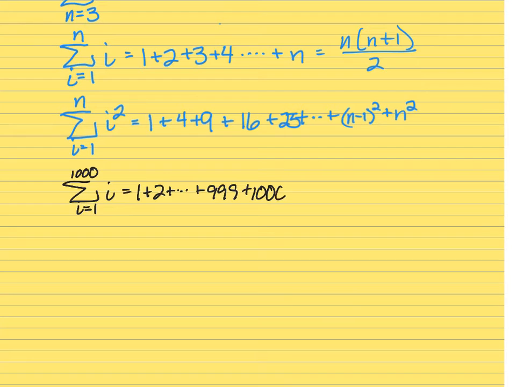If I wanted to add those up, I could add them up one at a time, or I can use my formula, which says it'll just be 1,000 times 1,001 divided by 2. And so what's that? That's something like 550,000 or something like that. Let's check that out real quick. Or sorry, not quite that much.